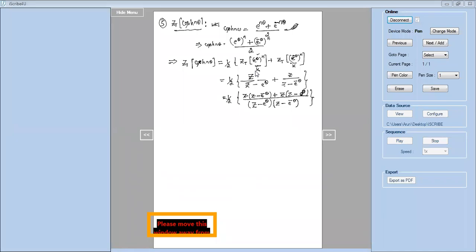Now simplify this. This is equal to 1 by 2 into, so let us multiply the numerator. It is z squared, correct?